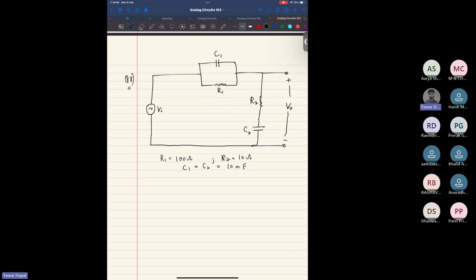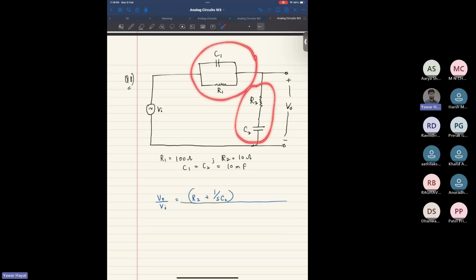So if I write V naught by Vi, it would be the series of R2 and C2, that would be R2 plus 1 by SC2, because you're trying to compute V naught across these elements R2 and C2, series combination of them, divided by, in the denominator, this in series with this.